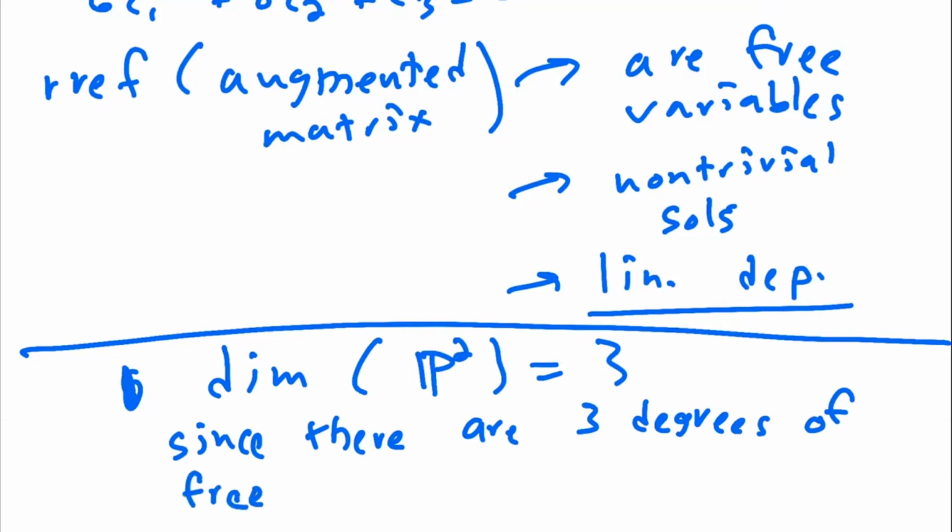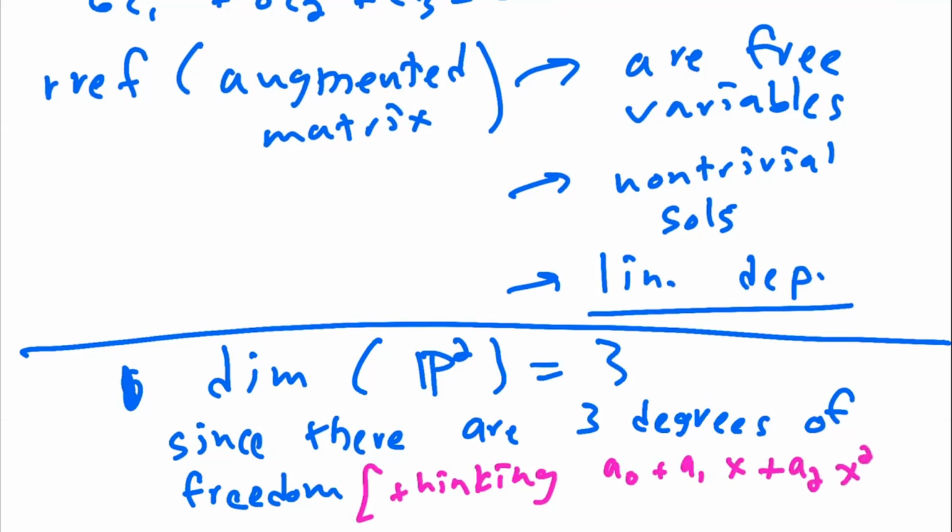Let me change my font; this is my thinking, so don't write this down. A0 plus A1x plus A2x squared, right? When I think this way, I'm thinking of 1 degree of freedom, 2 degrees of freedom, 3 degrees of freedom. So a degree 2 polynomial has 3 different spots that can be whatever they want to be.